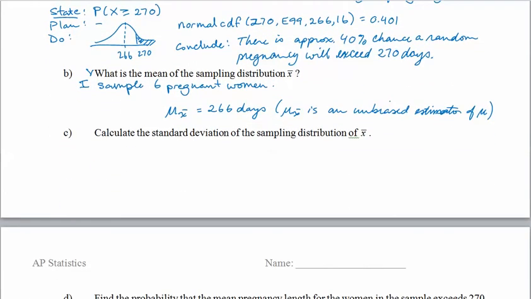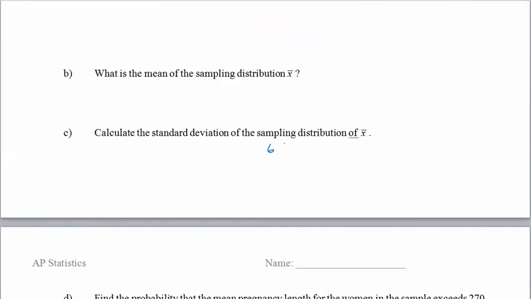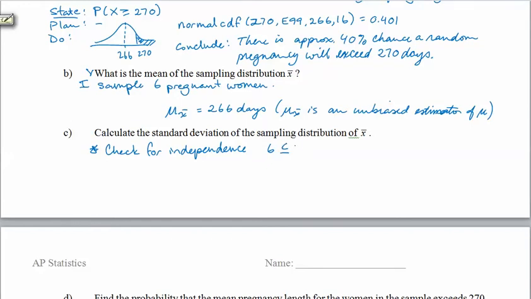So calculating the standard deviation of this sampling distribution, we need to check for independence first. So 6 is less than or equal to 1/10 of the population, so the population would have to be greater than or equal to 60.